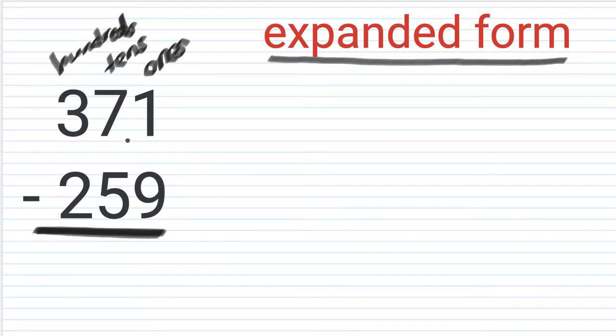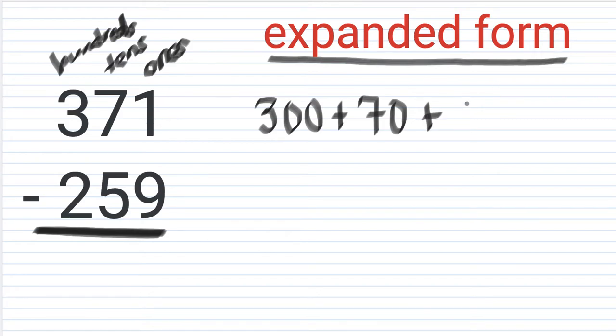Now, if teacher Brian is going to expand this number here, that will be 300 plus, if you have 7 tens, that is 70, and 1 ones, that is 1.